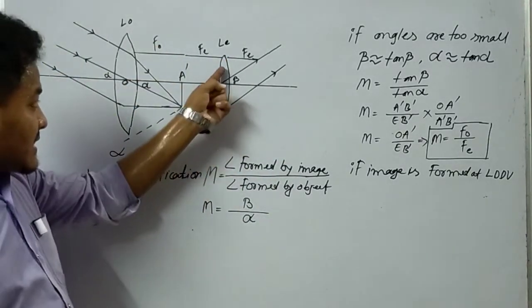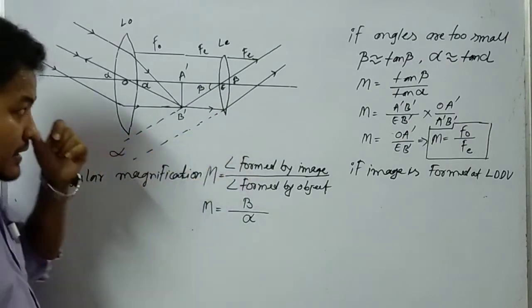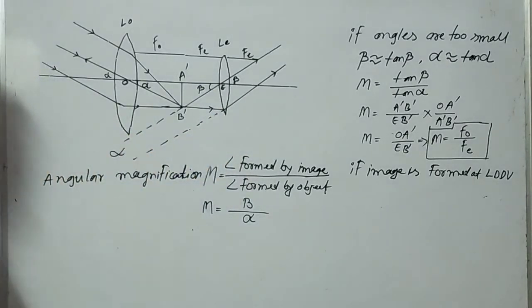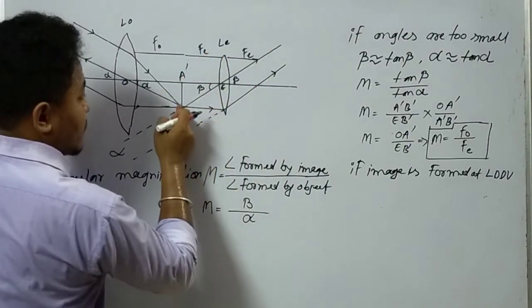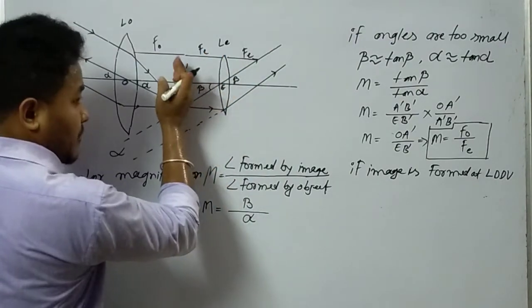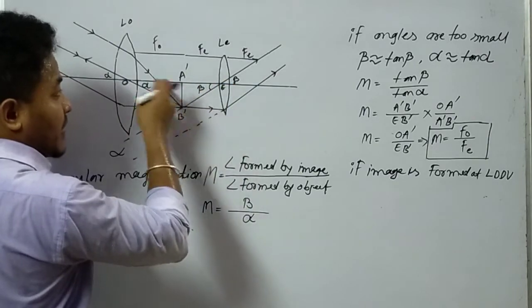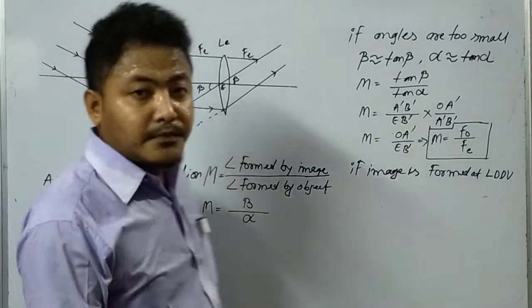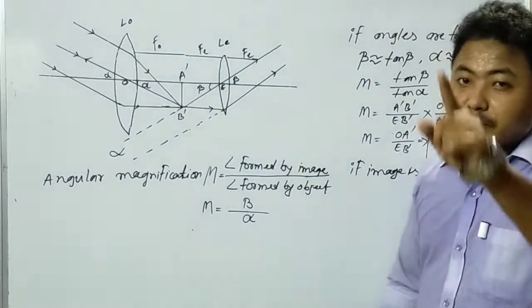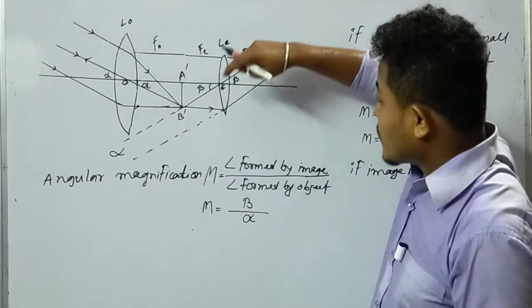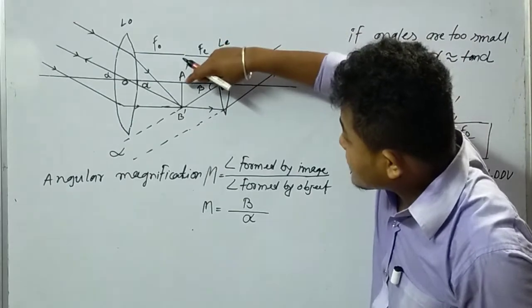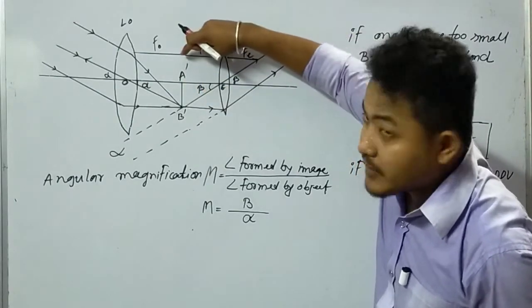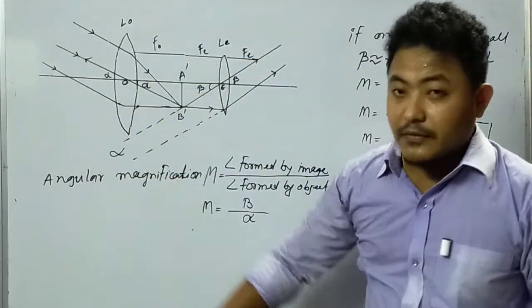If I adjust this lens slightly to this side, then this object will be placed between optical center and focal length. Are you getting it? Understand? You see very clearly, in this case the object is at focus. That is why it is focal length Fe, and the image is forming at infinity.